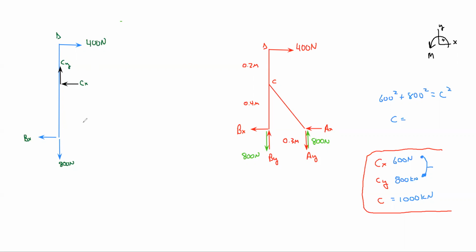I sure hope so. So I'm going to start with the equilibrium equation in the y direction. We've got the negative 800 newtons, which was the reaction at BY, plus CY is equal to 0. Solving for CY, 800 newtons, which is the same, yay for us.